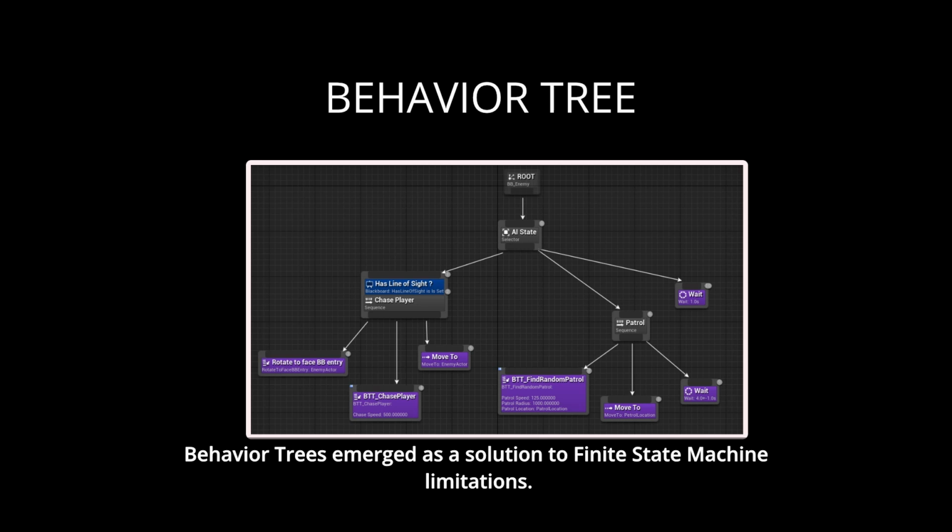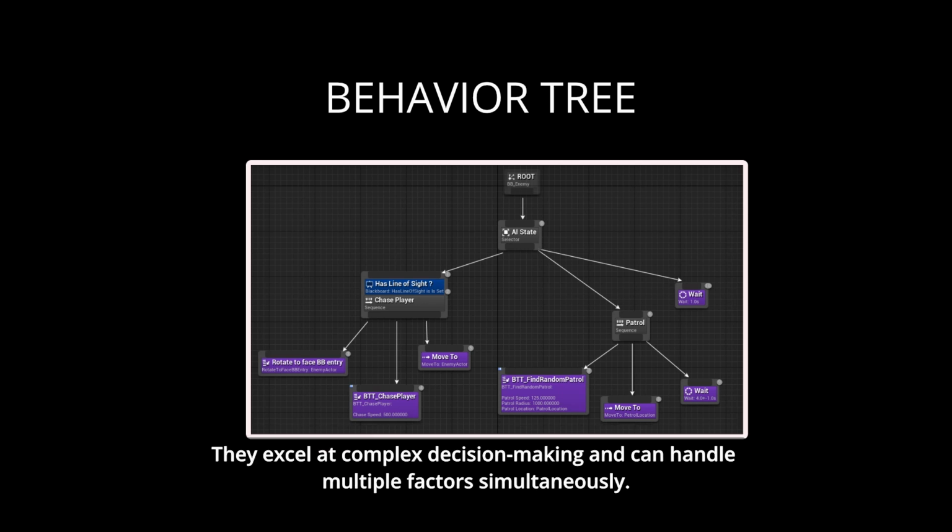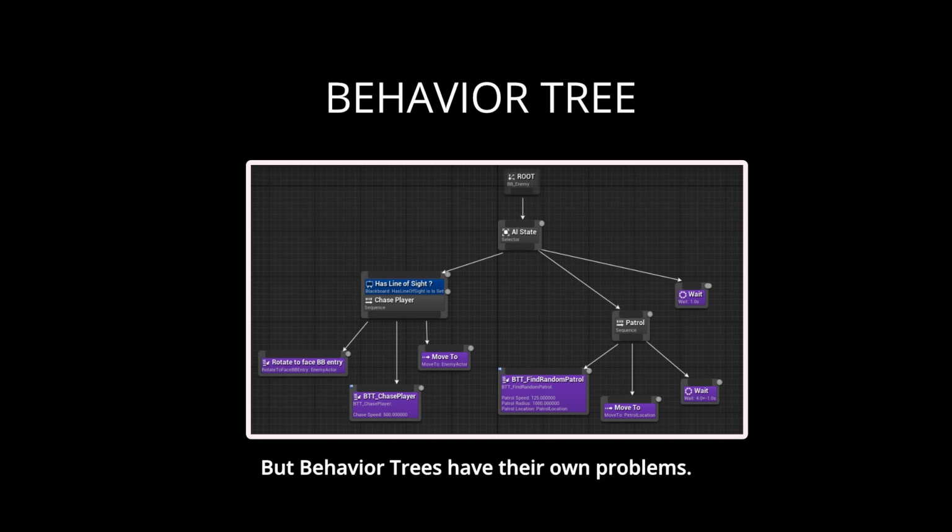Behavior trees emerge as a solution to finite state machine limitations. Instead of rigid states, they use a tree structure where the AI continuously evaluates conditions and selects appropriate behaviors. They excel at complex decision making and can handle multiple factors simultaneously. But behavior trees have their own problems.